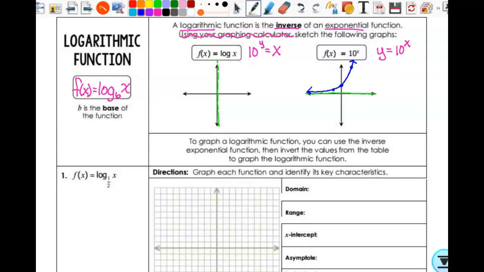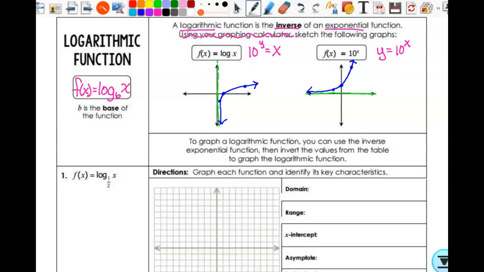When x was 1, y is 10, so that changes to 10, 1. This point is at 0, 1; that changes to 1, 0. This point is at negative 1, 1/10, so that changes to 1/10, negative 1. So my graph looks something like this, which again is just a reflection in the line y equals x.